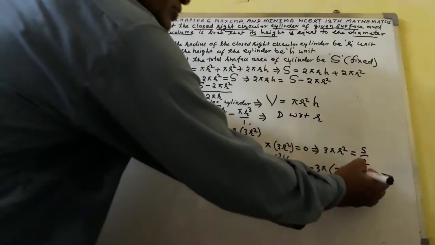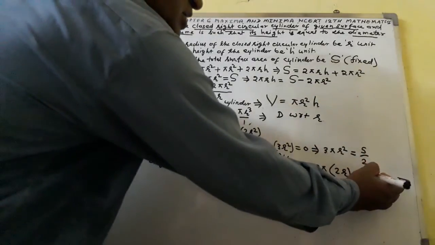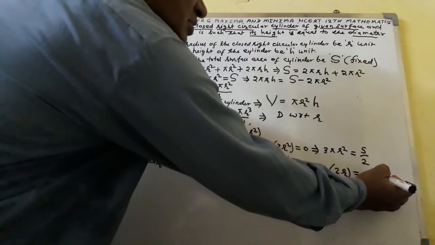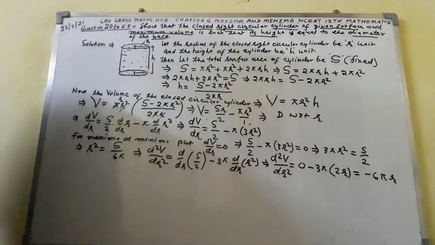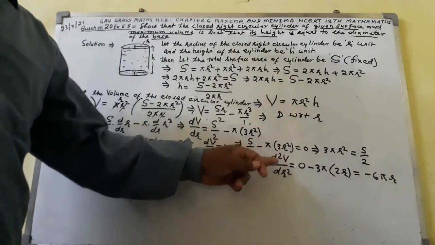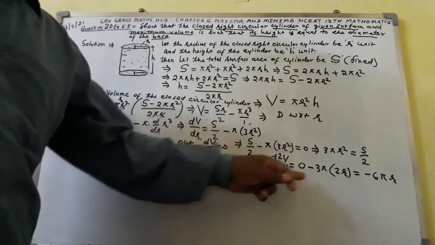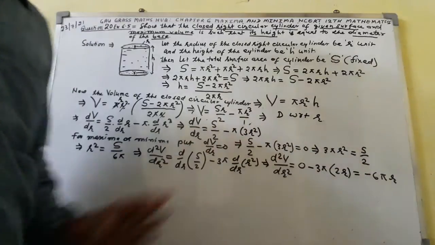So here it is equal to minus 6 pi r. This value I have got. So d square V over dr square equals minus 6 pi r.